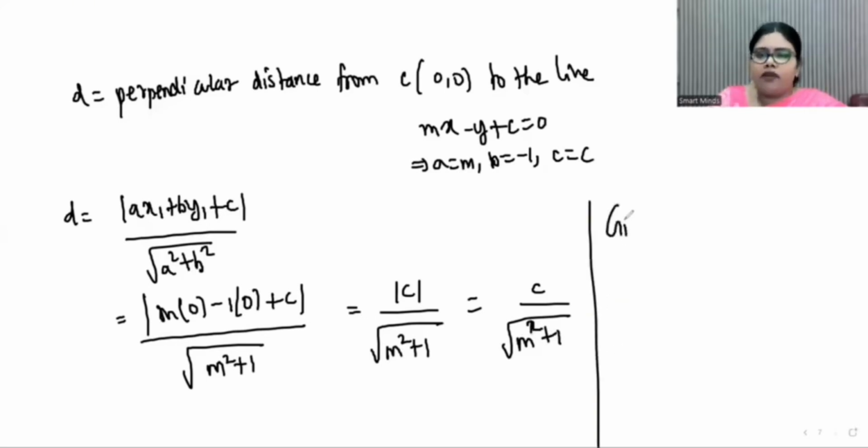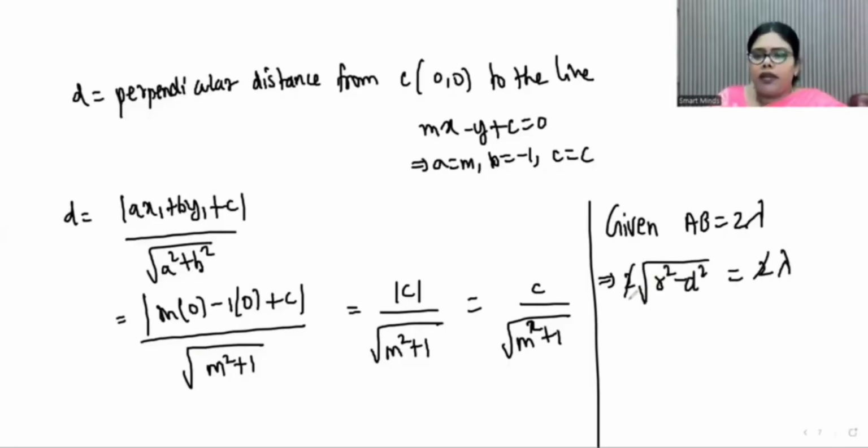Now what is given to us? Given AB is equal to 2 lambda. Now what is AB? AB is chord. And what is length of the chord formula? 2 root r square minus d square is equal to 2 lambda. 2 gets cancelled. If you square on both sides, you will get r square minus d square is equal to lambda square.